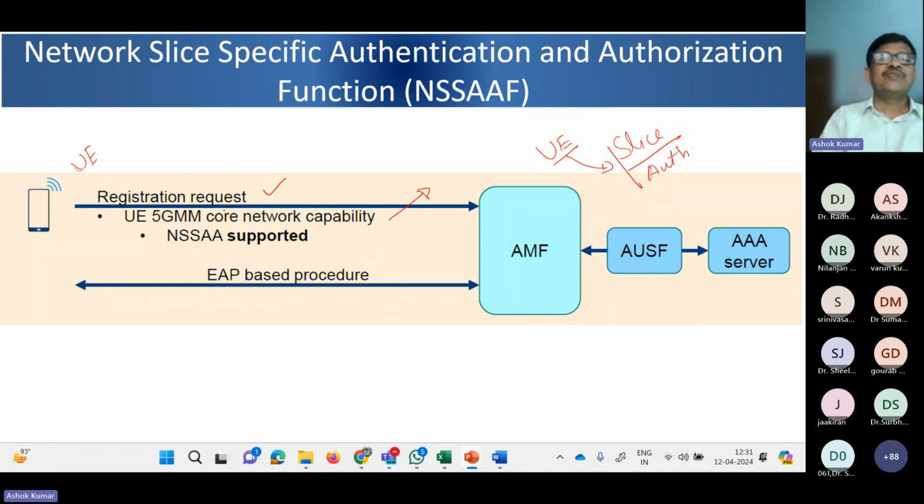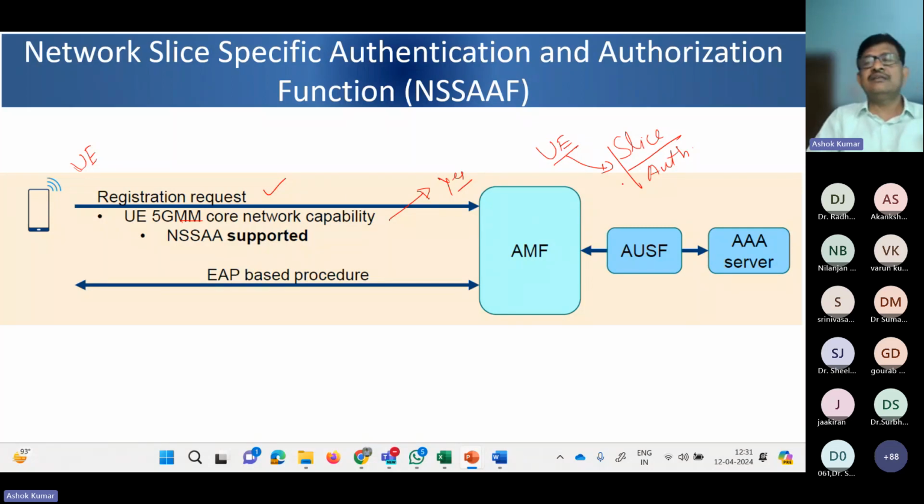We call it the UE 5G core network capability, for mobility management. UE tells a lot of its capabilities to the network during the registration process. Slice specific authentication is one. And once that is yes, then slice specific authentication happens.